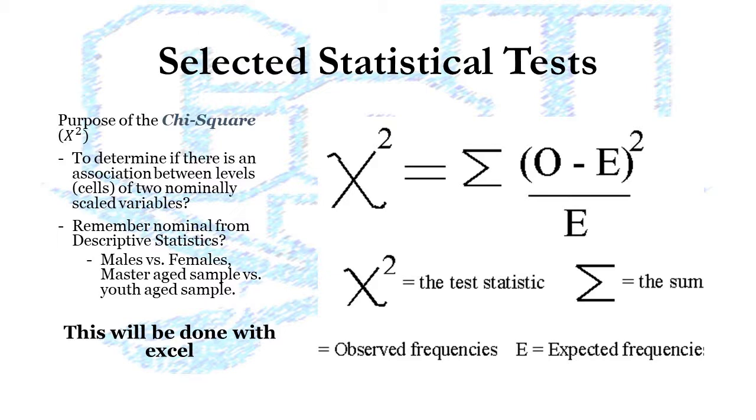So if you date yourself all the way back to, I think it was chapter 2 or 3, when we talked about nominal as a description. It's not nominal as in numerical, it's nominal as in groupings. Like your males versus females, your master age versus the youth age. Another good one: the athletic versus the non-athletic, or those who exercise and those who do not exercise.